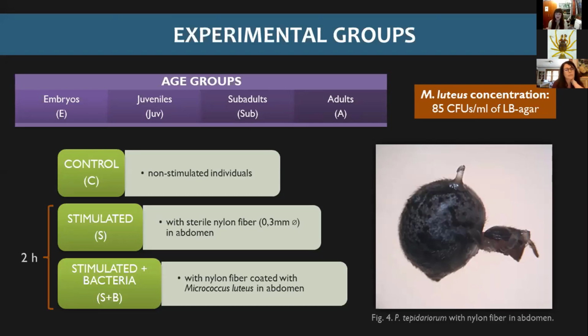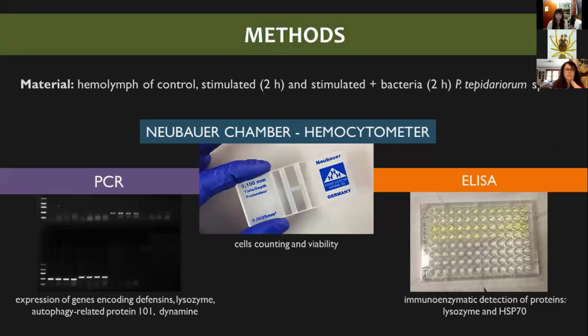The stimulated groups were kept with the nylon fiber in the abdomen for 2 hours. The material of our tests was the hemolymph of tested spiders, and we had 3 methods.